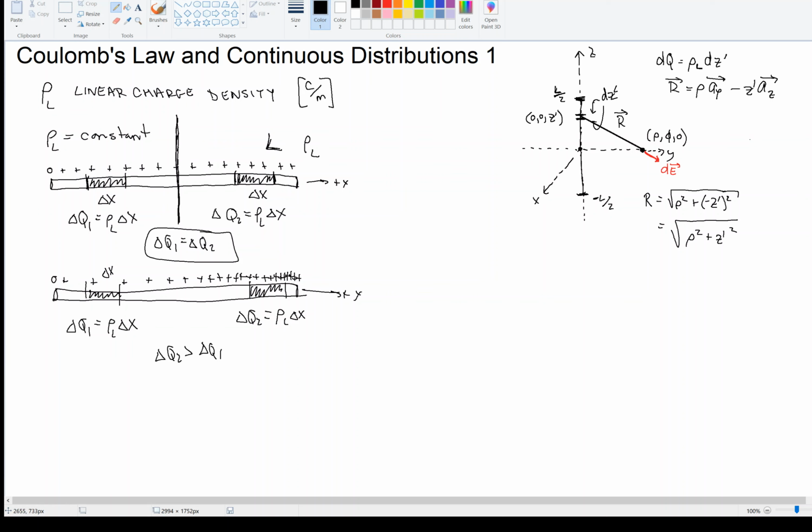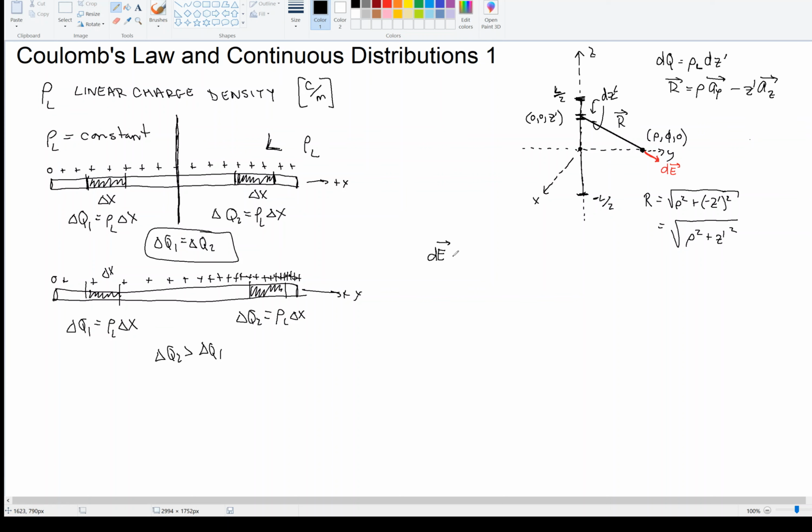All right, now we're ready to write what that differential electric field is. This is just the electric field due to this little slice. We're considering just a little slice because that's the only thing we know what to do right now. We only know about point charges. So if it's a fine thin slice, then it's like a point charge.